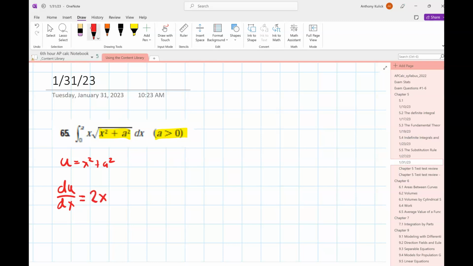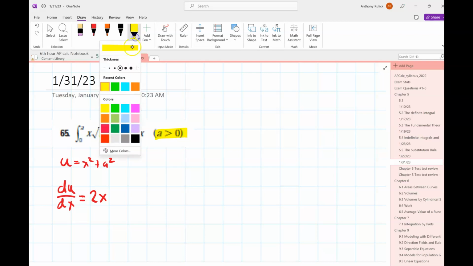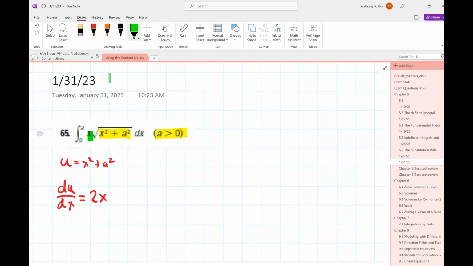Where did the a go? It's a constant with respect to x, so its derivative is 0, so that just goes away. My leftovers then are x dx, so I want to get the right-hand side of that derivative to be x dx. So I'll divide both sides by 2 and multiply by dx.